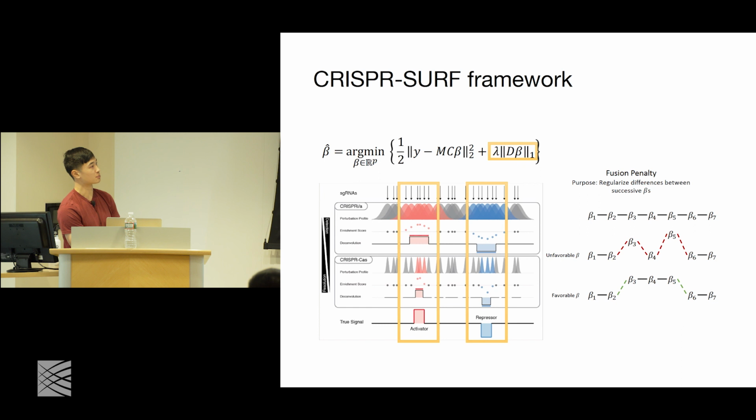And lastly, the fusion penalty. This is just a simple case, but it tries to maintain structure. So it doesn't want your beta coefficients to jump around when placed in the spacing that you believe is underlying the genomic sequence. So this is an unfavorable beta coefficient vector, and this is a more favorable one because the number of jumps is minimized here.